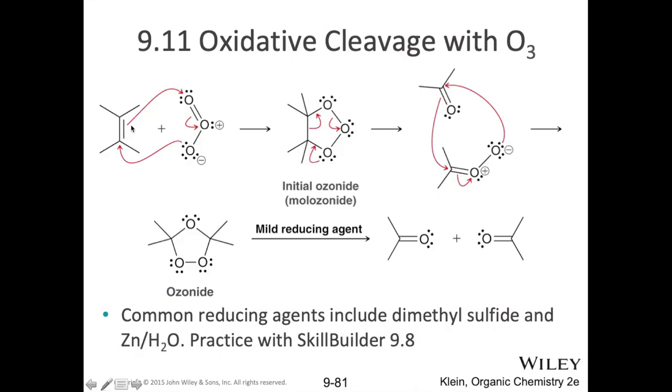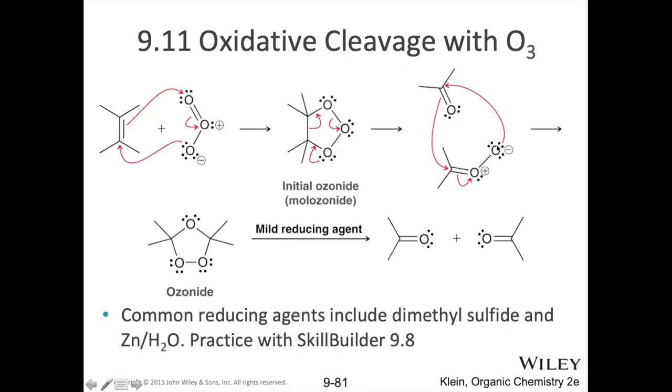Basically, your alkene adds on to form this ozonide intermediate through this concerted action. And then again, in another concerted step, all of these electrons swing around and break this carbon-carbon bond, and also form carbonyl bonds instead. So notice that we formed a carbonyl here and a carbonyl here.